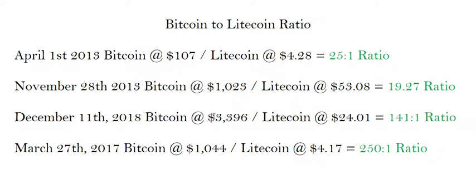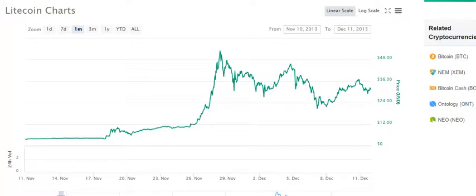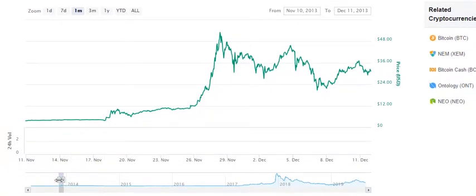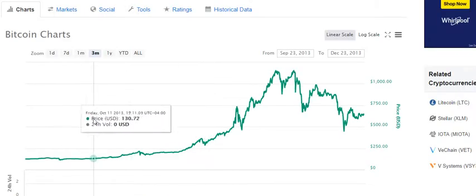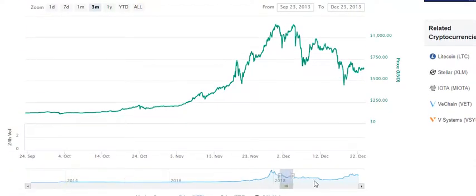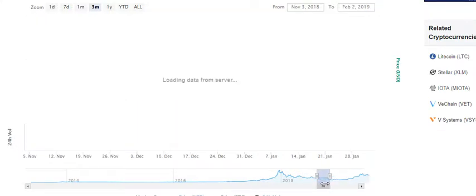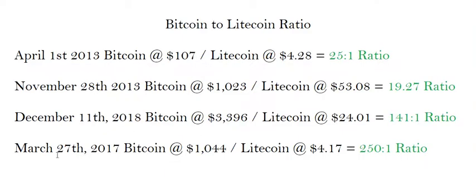And so we have Bitcoin at 33.96. So let's go back. And so now let's just move this to about right here. Let's move the Bitcoin one to about right there. Okay, so I've got it on December 11th.